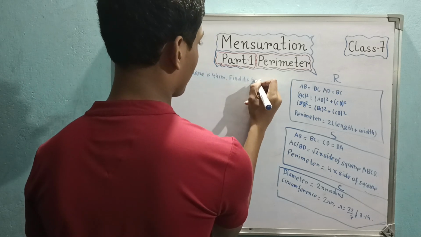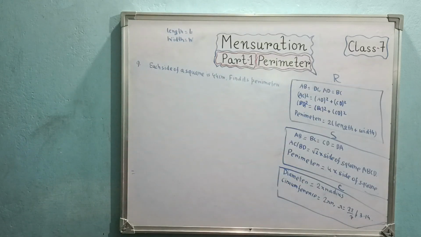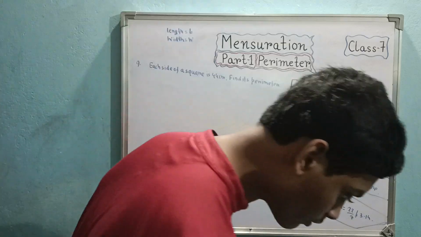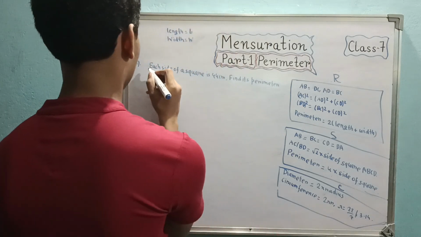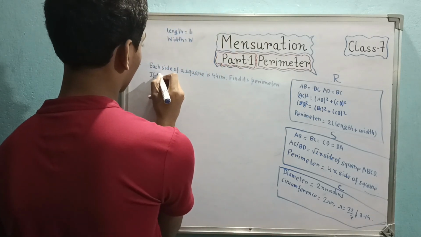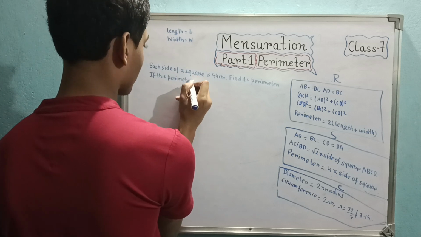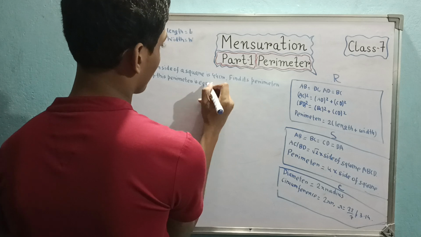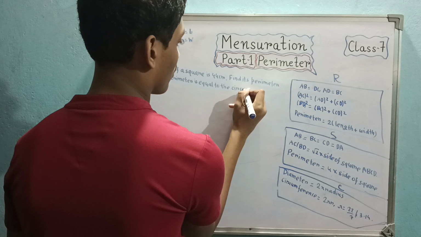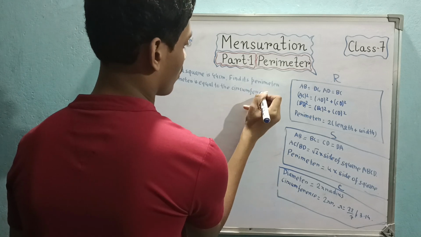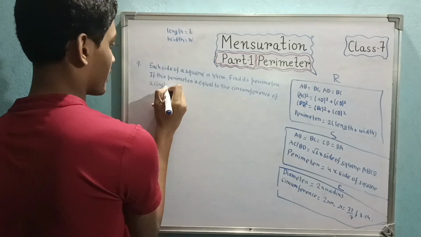No, it can't be. It has something else. If this perimeter is equal to the circumference of a circle, find the radius of the circle.